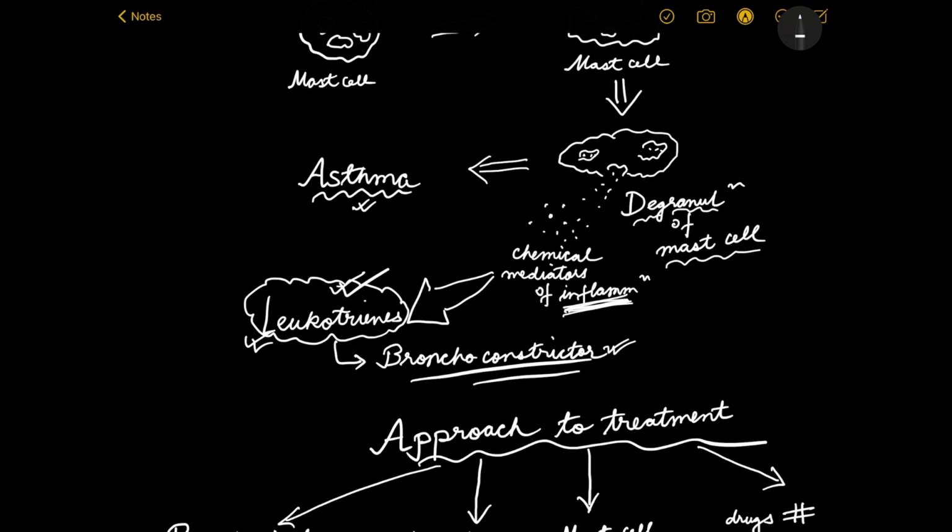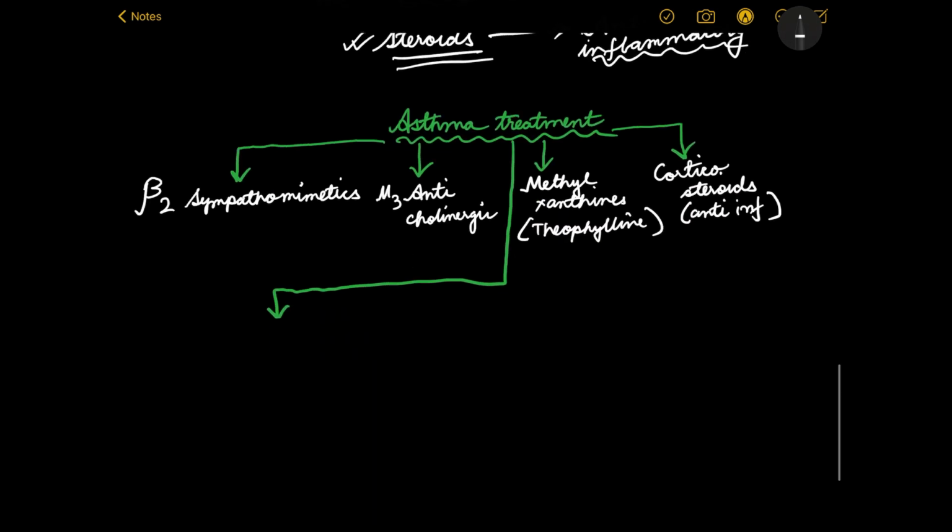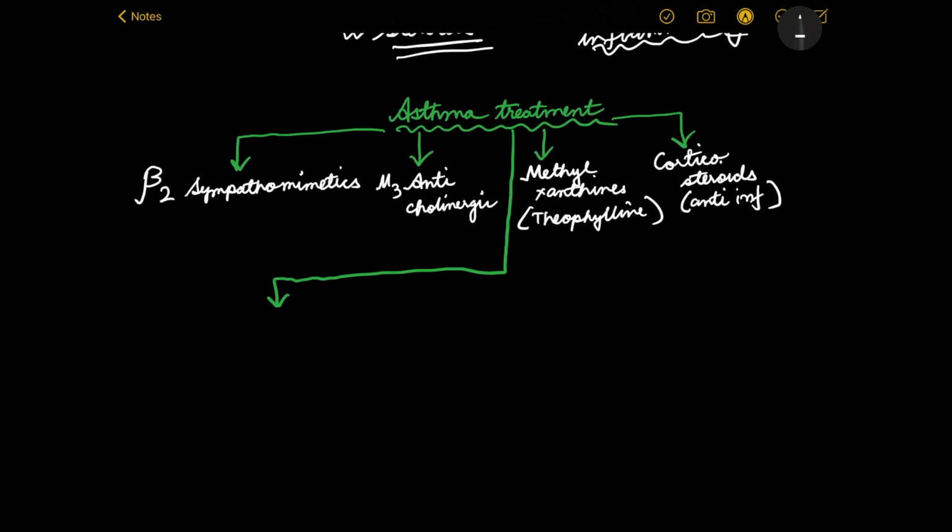Steroids inhibit phospholipase A2, and the entire prostaglandins, leukotrienes, all those inflammatory mediators will not be produced. Hence, steroids bring about the anti-inflammatory action and are used in an inflammatory condition like asthma. So steroids are more or less anti-leukotrienes, you might say. But to be more specific, we have drugs which only antagonize leukotriene receptors. So for that we have to make a separate branch, that is leukotriene antagonists.